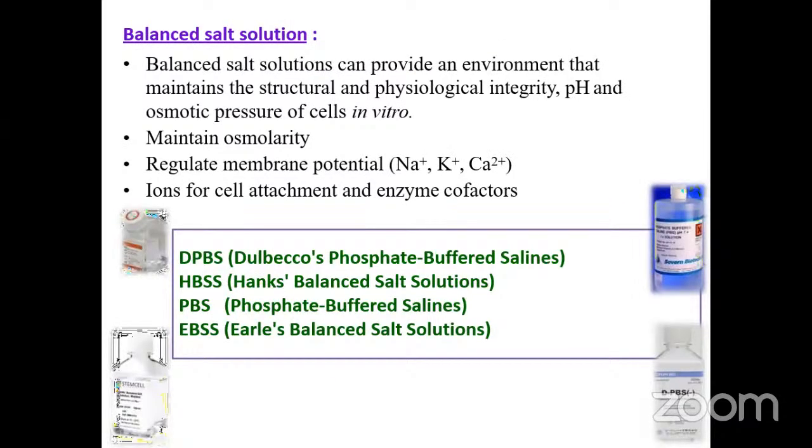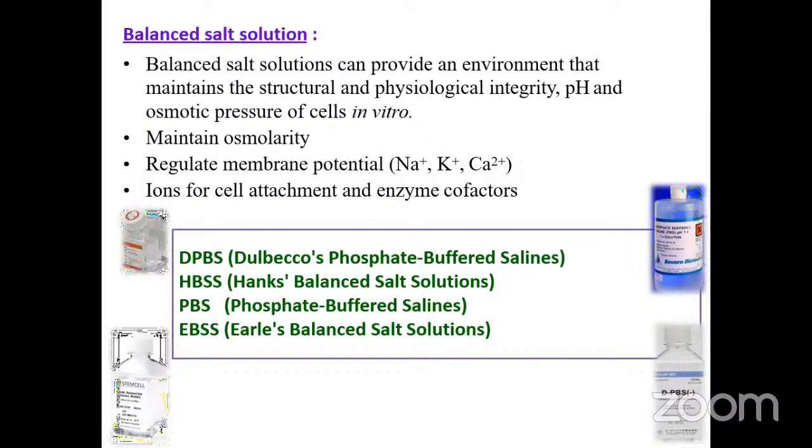So these balanced salt solutions provide an environment to maintain the structure and physiological integrity, and maintain pH and osmotic pressure. They also maintain osmolarity and regulate membrane potential because they have sodium, potassium, calcium, all this. And the ions are used for cell attachment, and enzyme cofactors are also present.